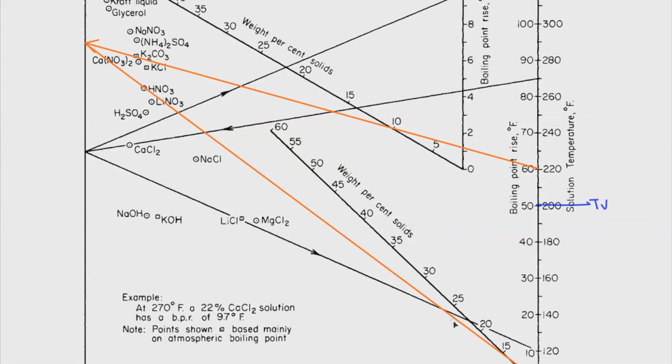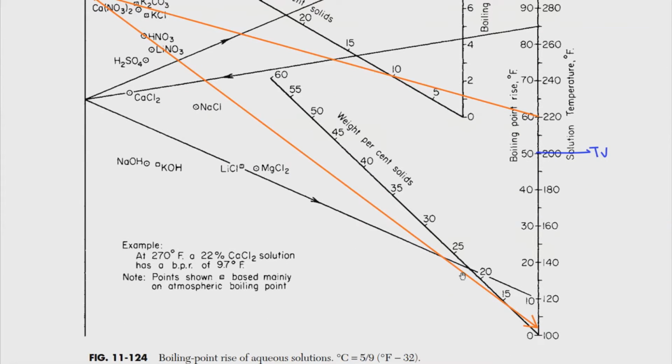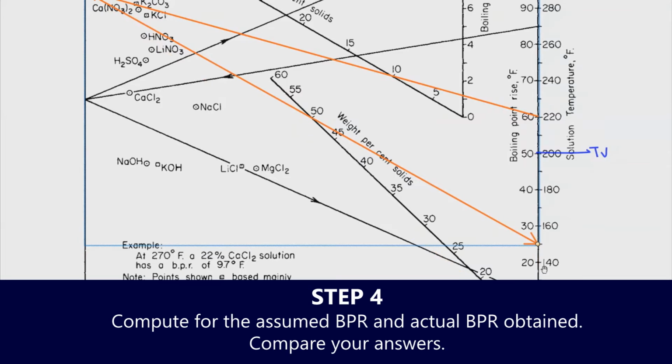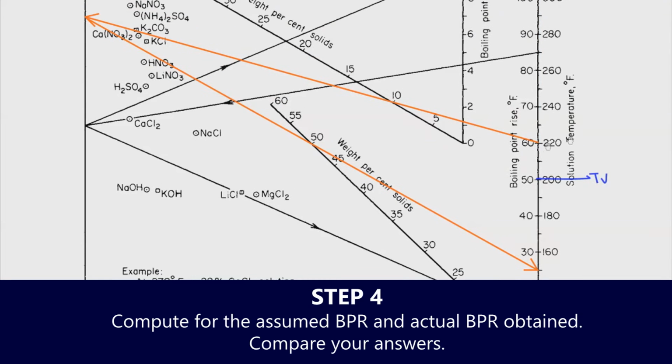So, anyway, 50 yung atin. So, we go back to that. So, 50, and then, pag diniretso natin to, the boiling point rise, let's just use 25. So, assuming 220, ang boiling point rise ko, let's say we have T sub L assumed, that is equal to 220 degrees Fahrenheit.